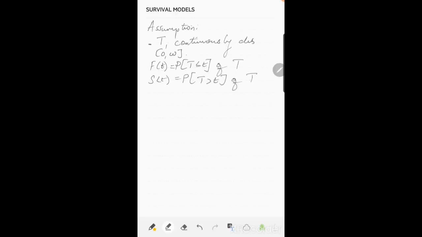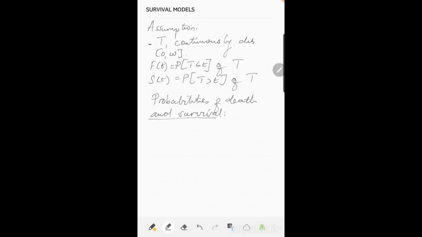From the survival function of T, we have the probabilities of death and survival. So you need to know about the probabilities of death and survival. First we start with the probabilities of death.